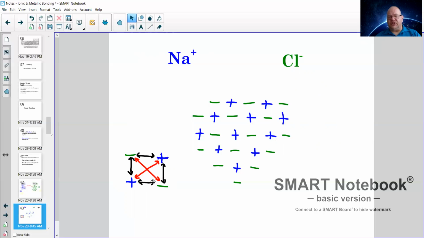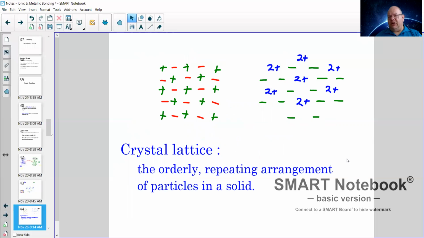Now, some other factors come into play, such as how big the ions are. Not all ions are going to have a charge of just a single unit. The sodium is just a single positive and chloride is just a single negative. We're going to get other things, but they're going to form into some sort of pattern. So here's an example.